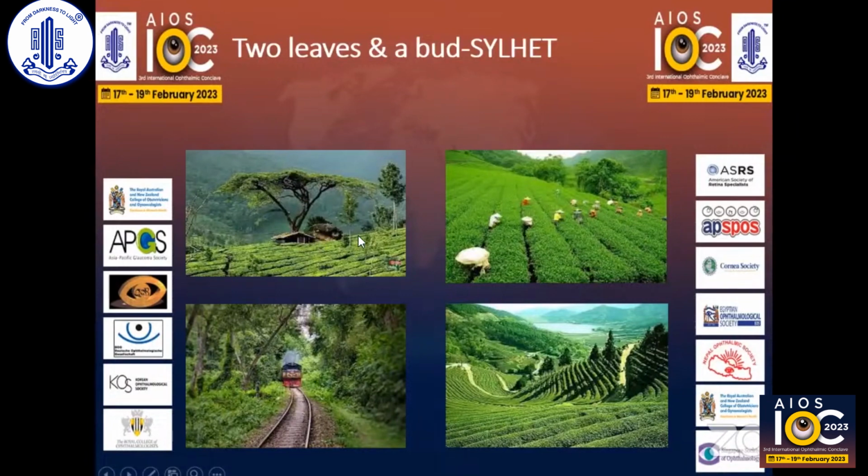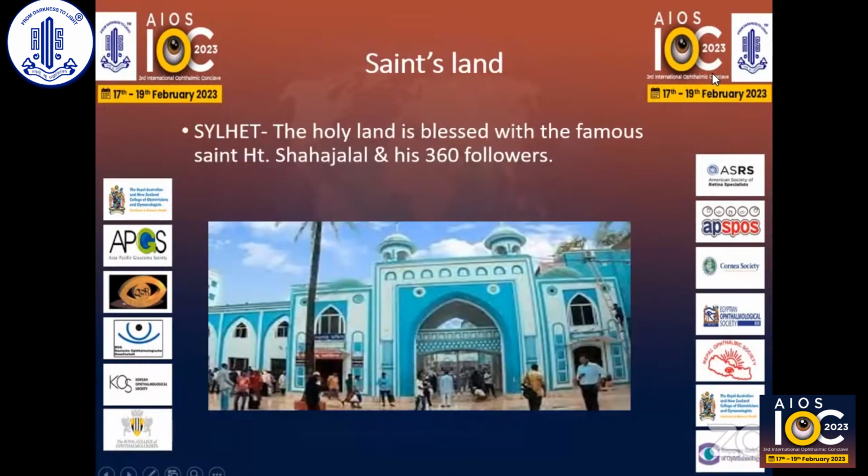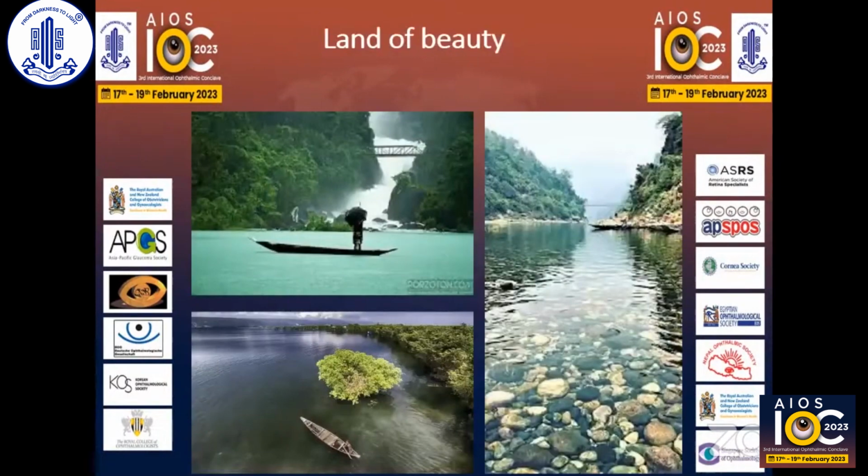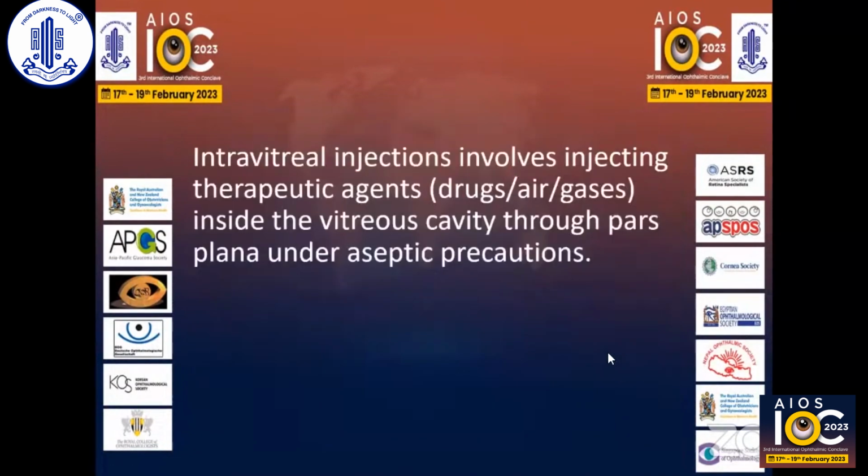Sylhet is known as the tea capital of Bangladesh. It is also the land of saints. And you can also see the clouds over the top of the trees, and they climb from the tree down to the river and the crystal clear water here.